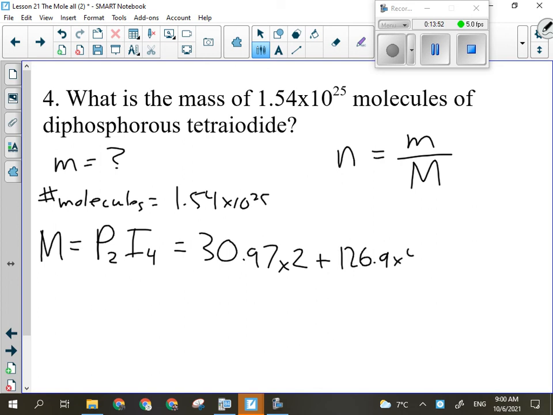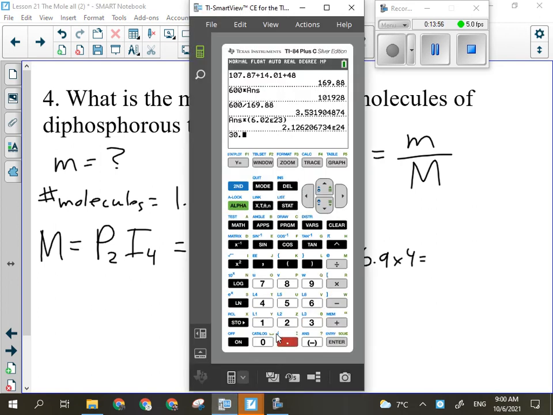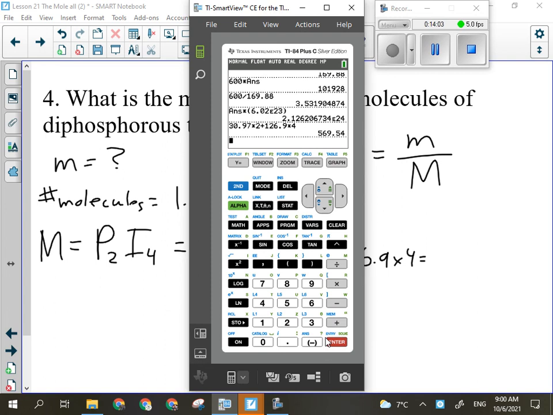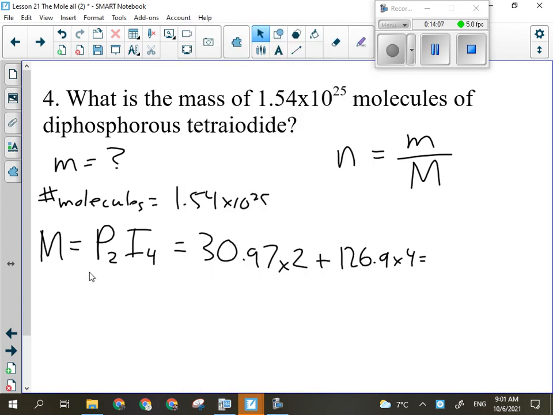And there are 4 of those. All right, 569.54 grams per mole.